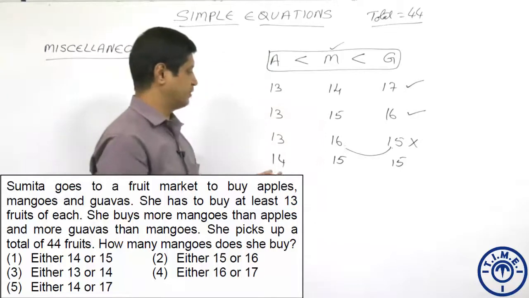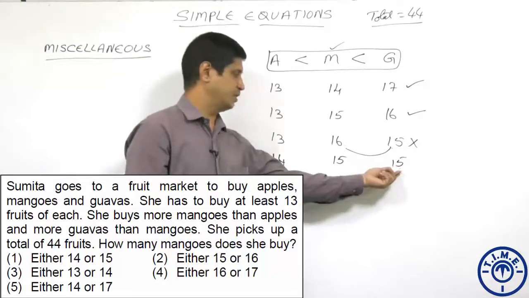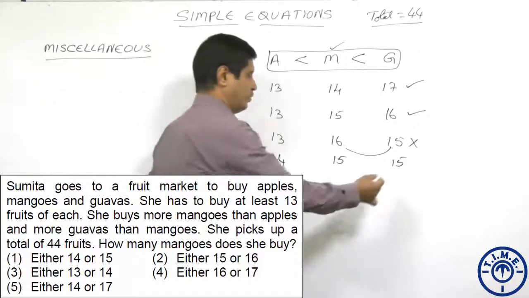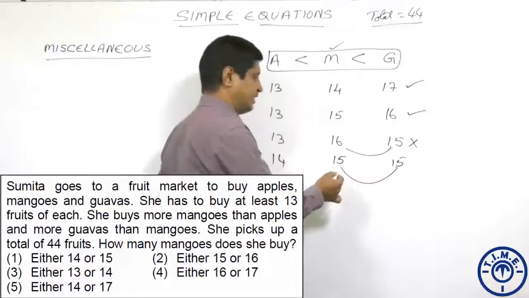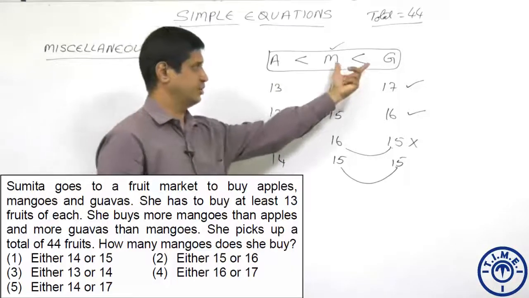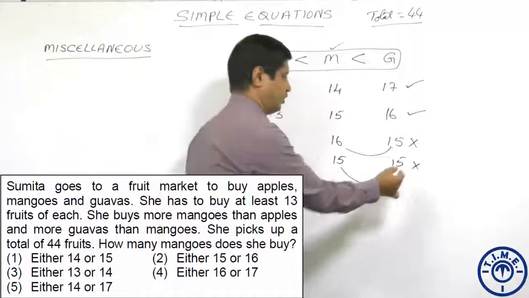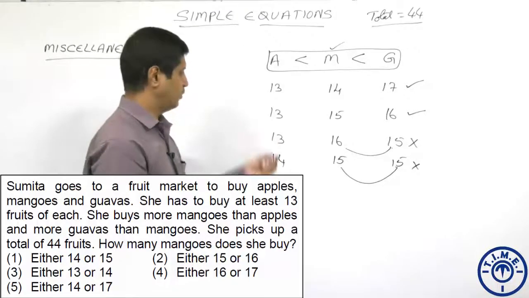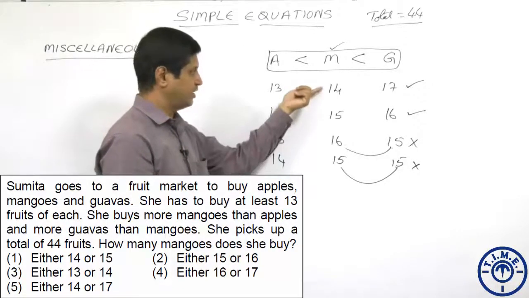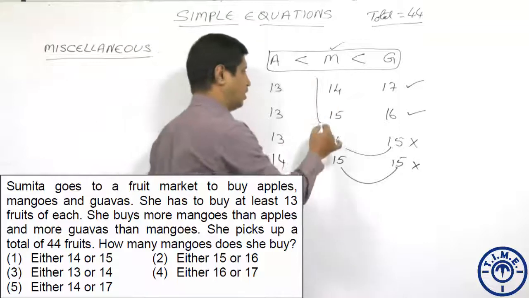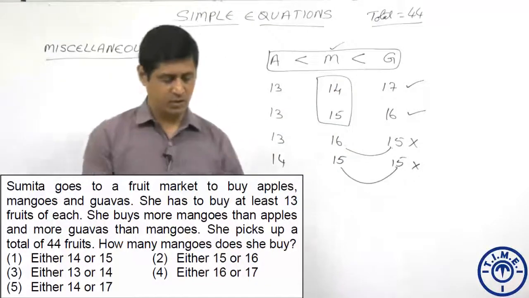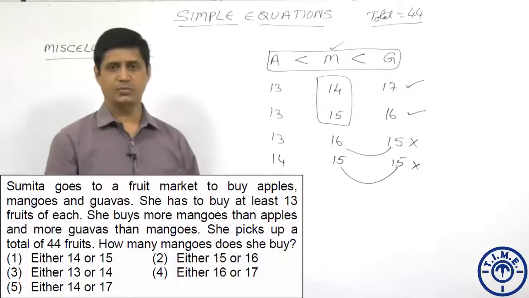So, what is the sum of the values here? 15 plus 15, 30, 30 plus 14, it is 44. Here again it is not maintaining this condition, hence it is also ruled out. Now only these are the two possibilities. Either he can buy 14 or 15. Either 14 or 15 means what is the right choice? It is option 1.